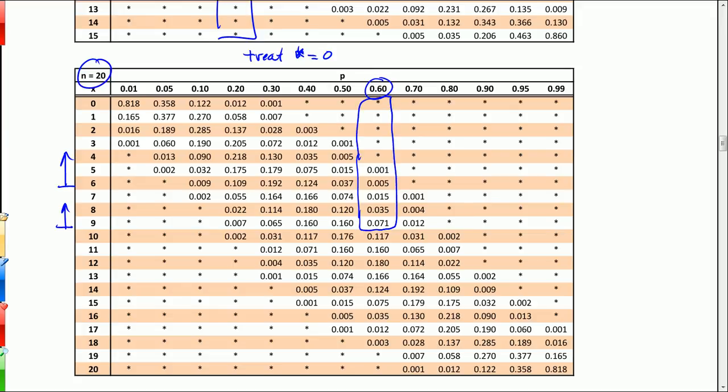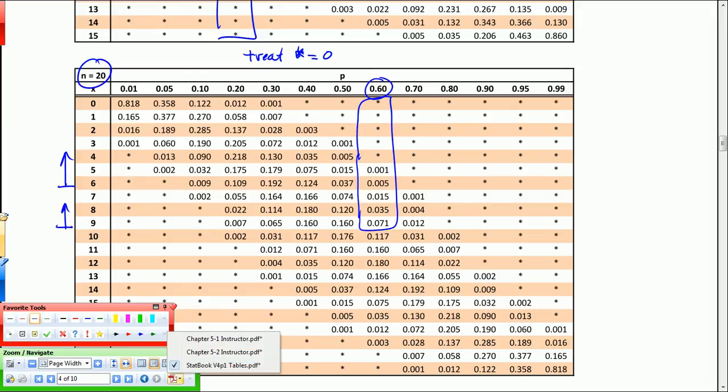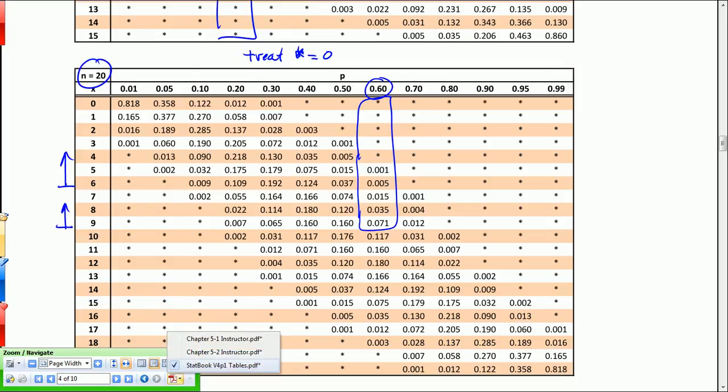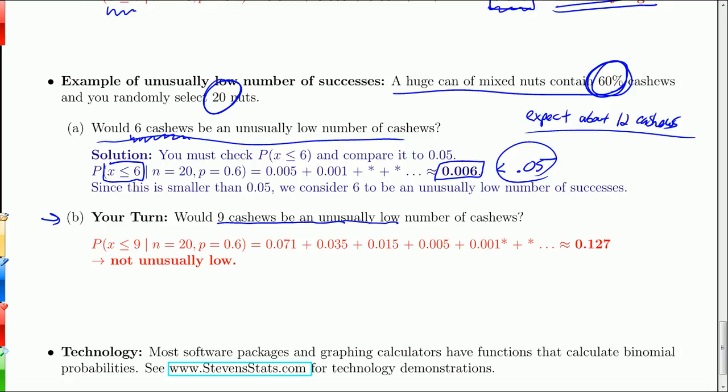And when you add all those numbers together, we get 0.0127. And that is not less than 0.05. So 9 is not unusually low.